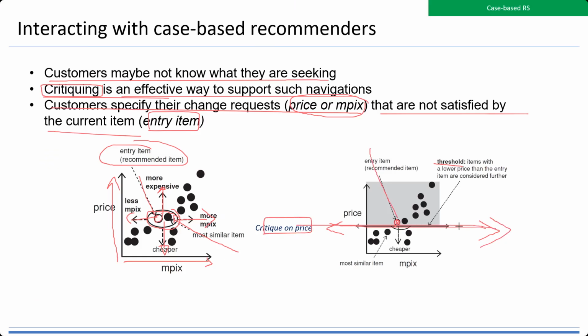If the user requirement says, I want a product which is higher than this price, then all those products can be the recommended items. Or I want products which are cheaper than this entry item, then I can recommend the products that are cheaper than this one. So we can use this interaction, or we can use this kind of visualization.